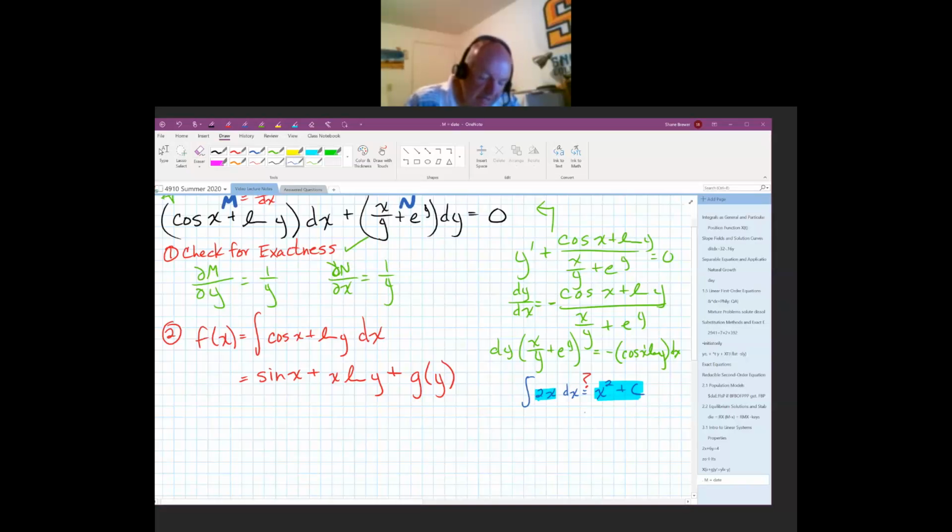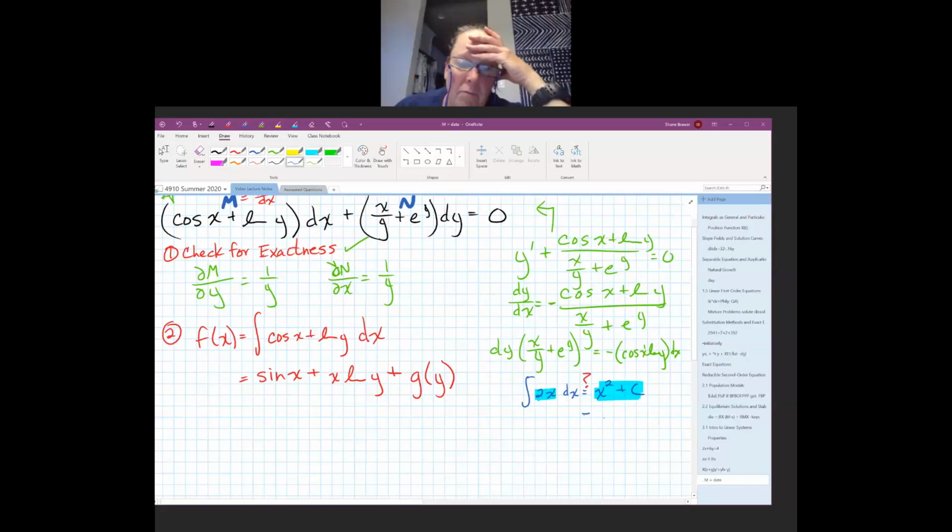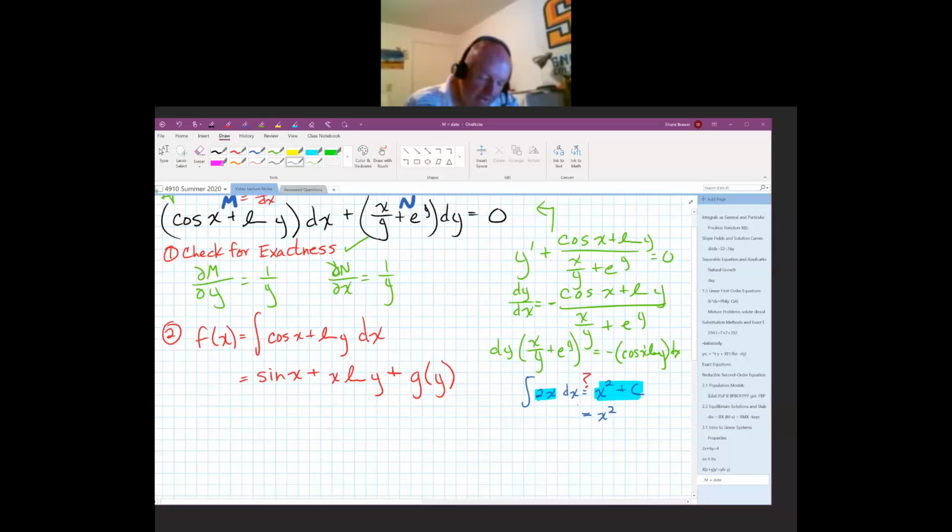So the integral, after this equal sign, could be x squared, because the derivative of x squared is 2x. Or it could be x squared plus 3, because the derivative of this is this. Or it could be x squared minus 7, because the derivative of this is this. That's why we say it can be x squared plus any constant.